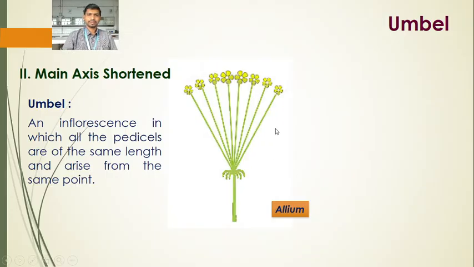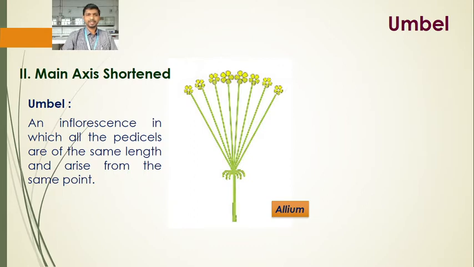After the completion of racemose inflorescences, for example, raceme, simple raceme, compound raceme, spike, compound spike, spadix, mixed spadix, next to this is the umbel inflorescence. The categorization of the racemose inflorescences that we carried out is on the basis of nature of peduncle.